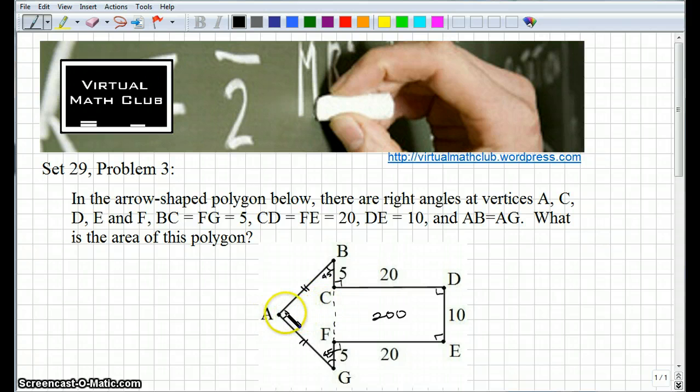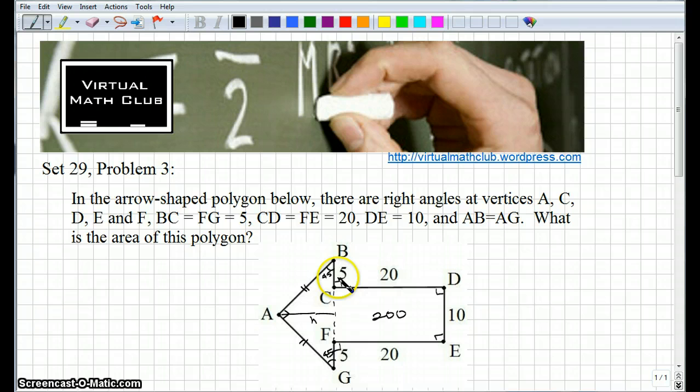I'm going to draw an altitude on this triangle, from this vertice A down to this side. So let's call that the height. And if we look at the triangle as if this is the base, this from B to G, then this problem isn't too bad.